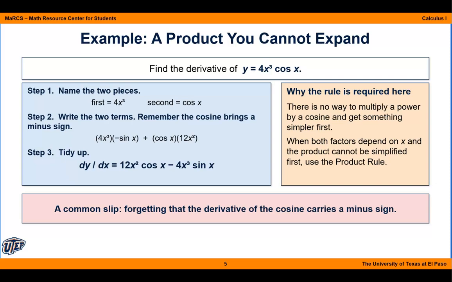Rearranging the terms gives dy dx is equal to 12x squared cosine x minus 4x cubed times sine of x. The negative term comes from d dx of cosine x, which is equal to negative sine x. Because both factors depend on x, both must contribute to the derivative.